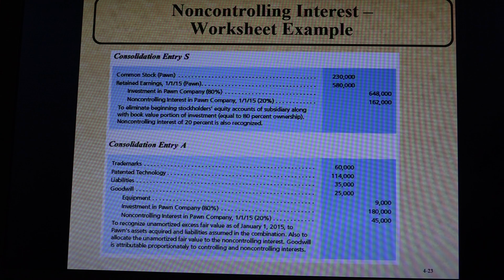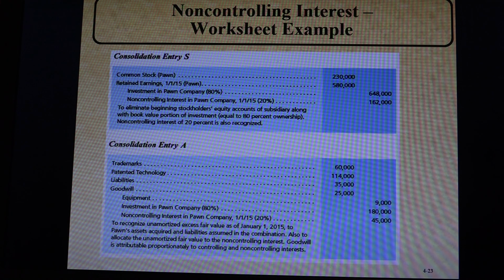Equipment is one of those negative amortizations. So in year one, 2014, you negatively amortized 1,000. You started with 10, so you're actually subtracting that from equipment, the 9,000.